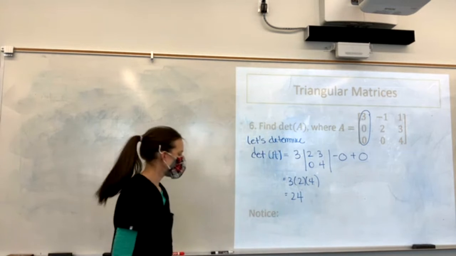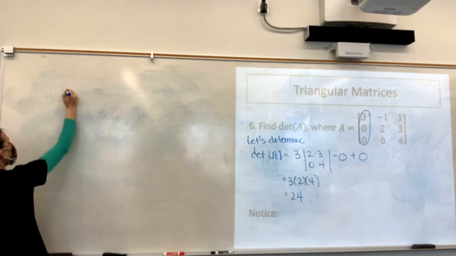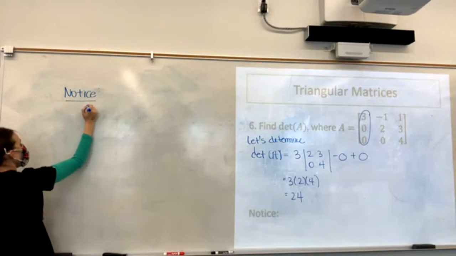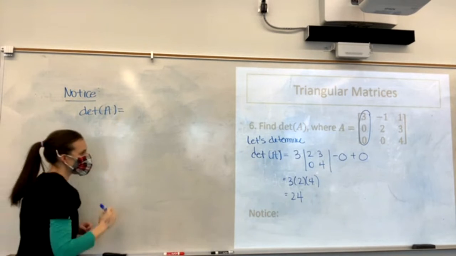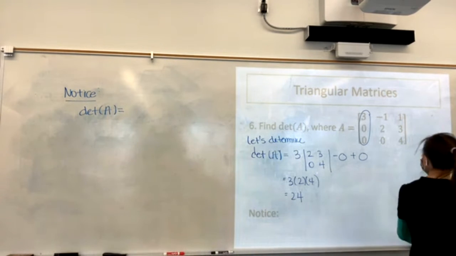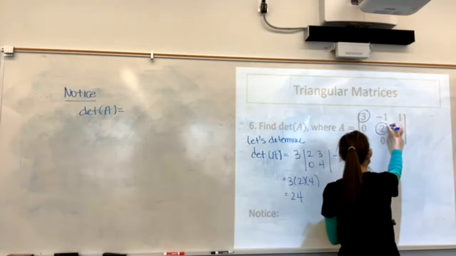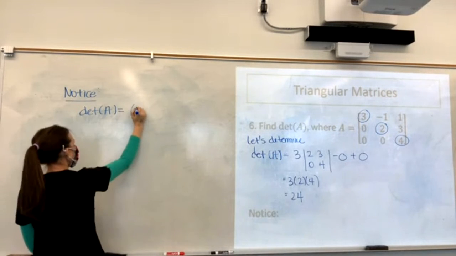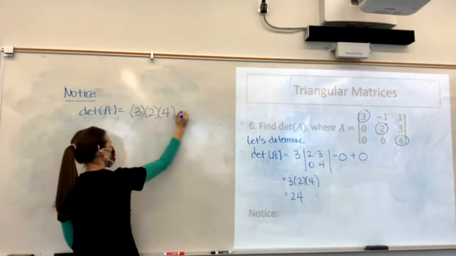So we get a determinant of 24. Okay, so here's what I want you to notice. That the determinant that we found, this 24, is actually equal to the product of the entries down that main diagonal.